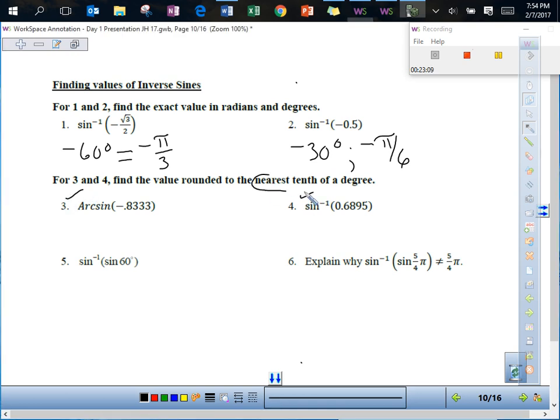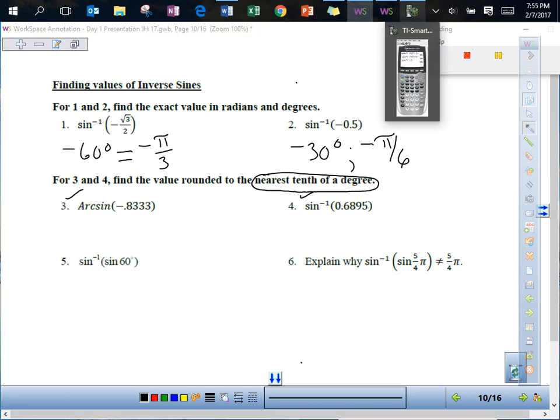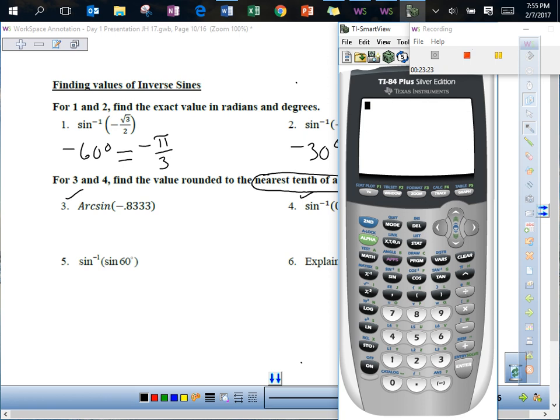On this one, just make sure you're in degrees, and we're going to round that to the nearest tenth. Okay. I do want to talk about number 5 and number 6 real fast. Guys, if you would, type in number 5 there for me. I'm going to go inverse sine of 60.